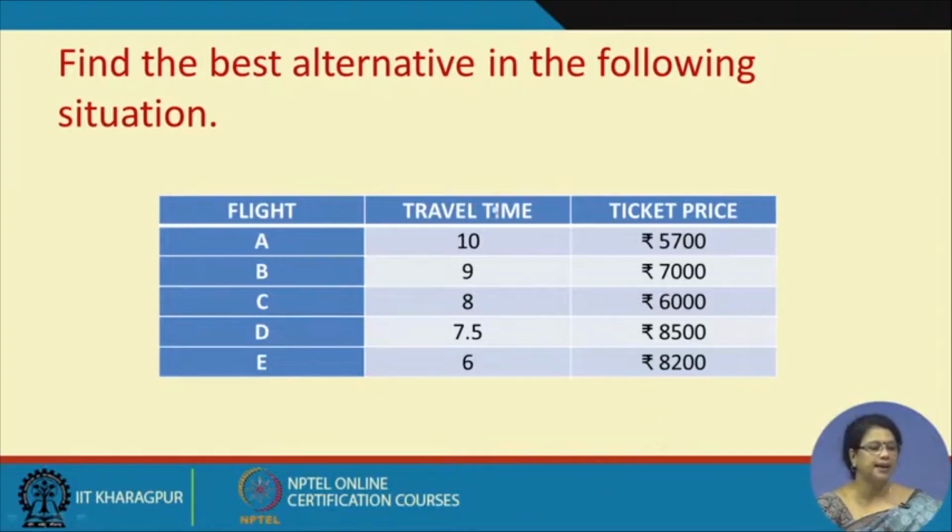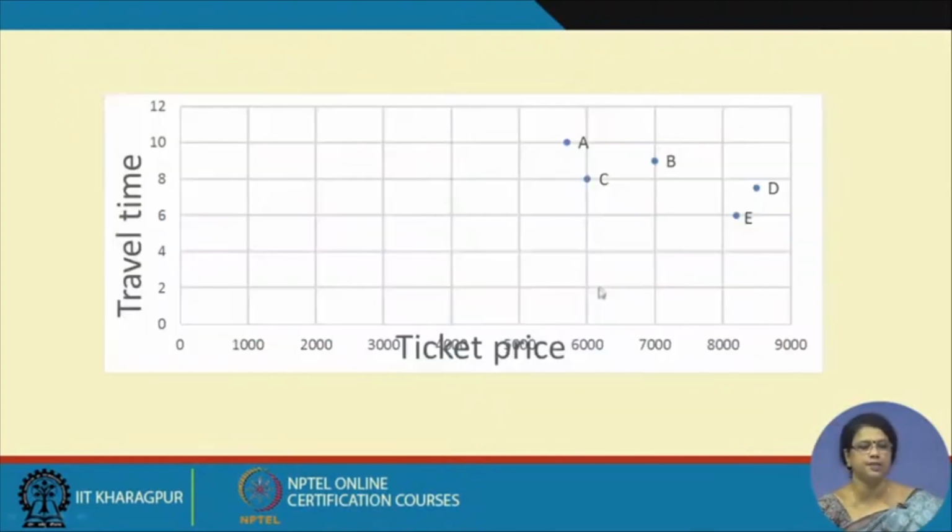That is why getting an optimal solution for this multi-objective problem is much more complicated than for an optimization model with a single objective. If I draw this figure in two dimensions, with ticket price on one side and travel time on the other, we need to depend on the partial ordering of the options.